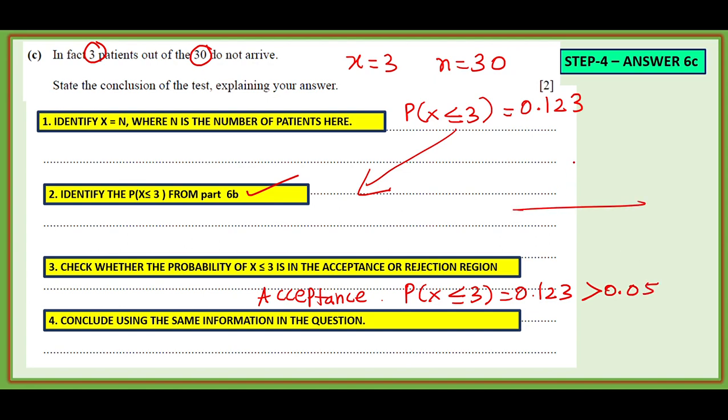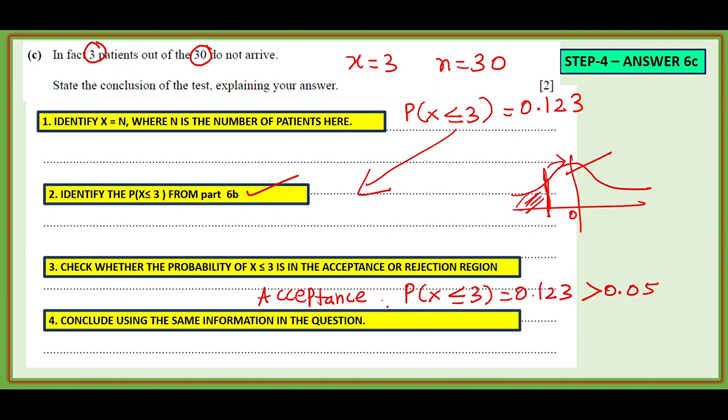So this is the critical value. This is less than 0.05, so here it will be greater than 0.05. Therefore, a probability greater than 0.05 means it is in the acceptance region.